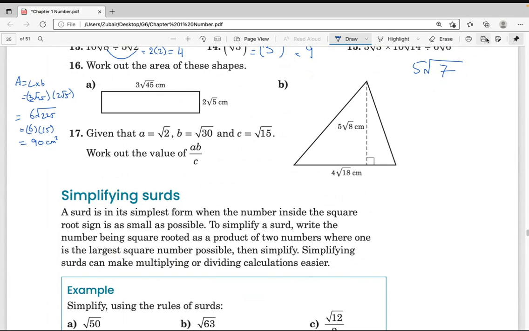B part, again area. Area is 1 by 2 base into height because this is a triangle. So we plug in the values.